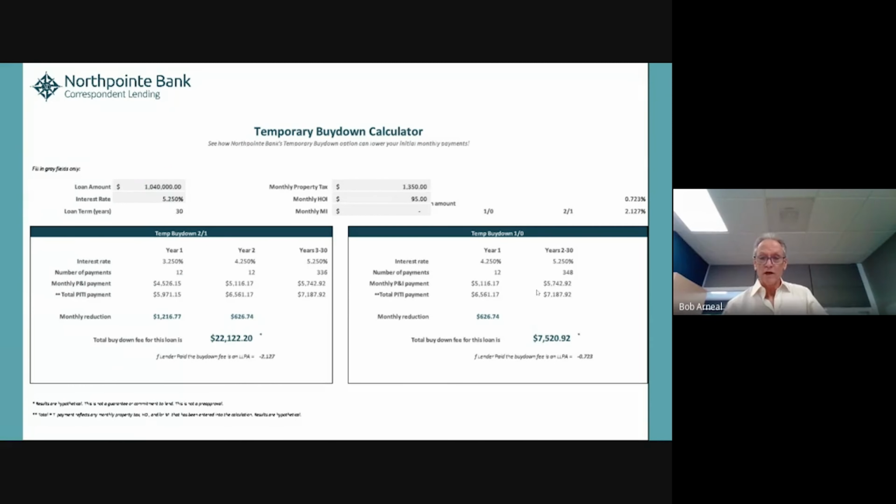Okay, so here is another one. This is for the client who perhaps is just wanting that first 12 months to be kind of like an acclimation point of time. It's only $7,000, takes the interest rate from 5.25 to 4.25. From where does the buyer qualify? At the highest rate?